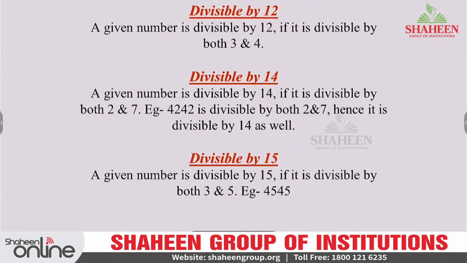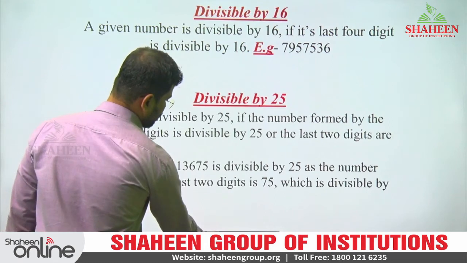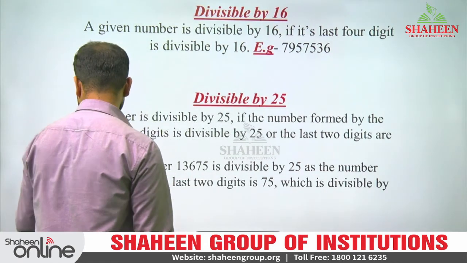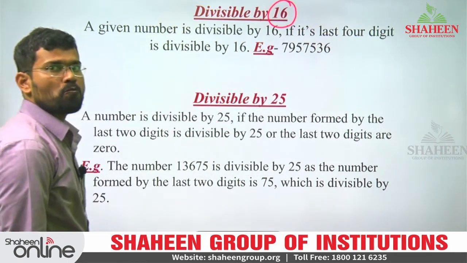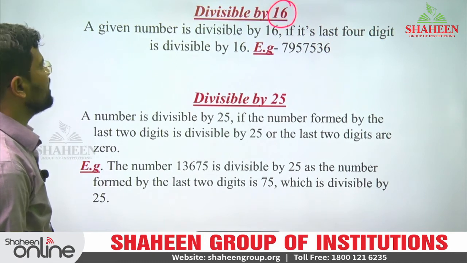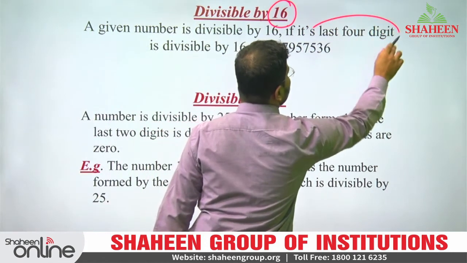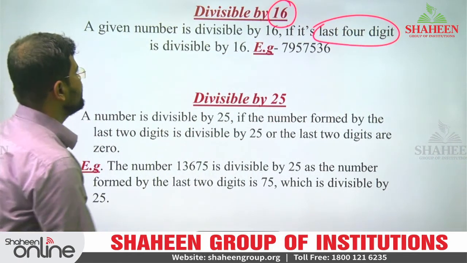Now, how do we check whether a number is divisible by 16? A given number is divisible by 16 if its last 4 digits are divisible by 16.